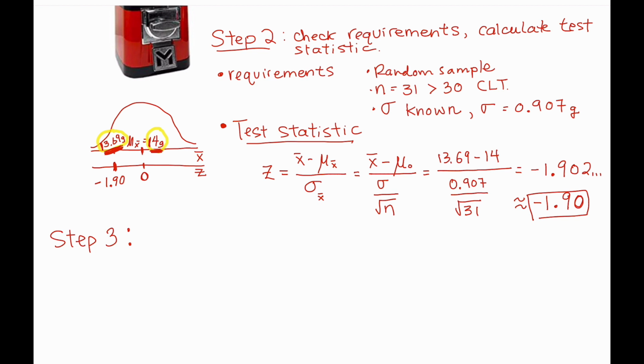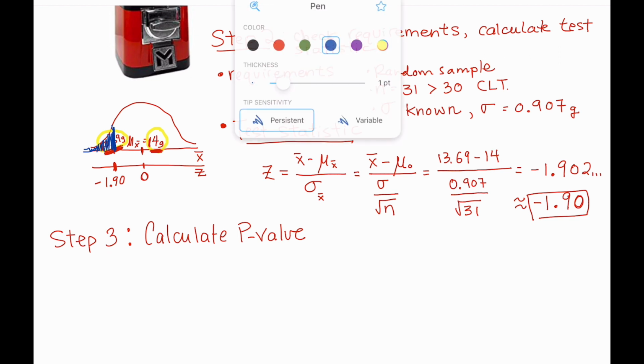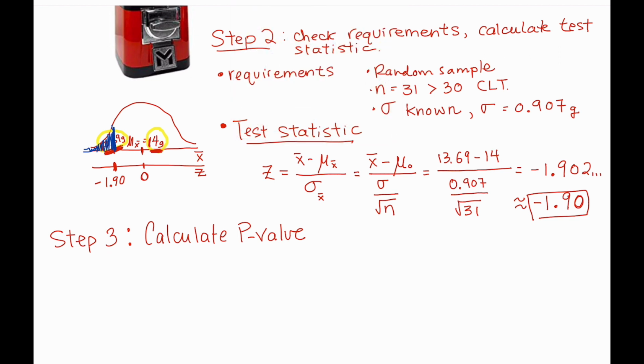In this step, we want to calculate the p-value. Just to remind you, the p-value is just this area. Since this is a left-tailed test, it's just going to be the area to the left of our test statistic. So how do we calculate the p-value?